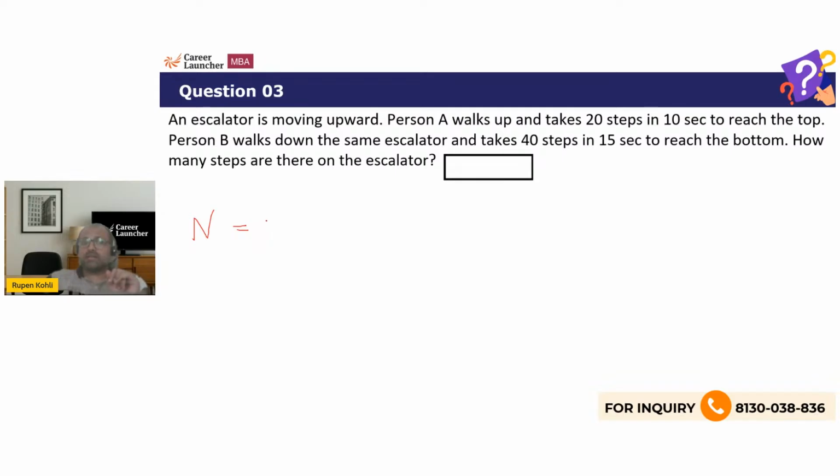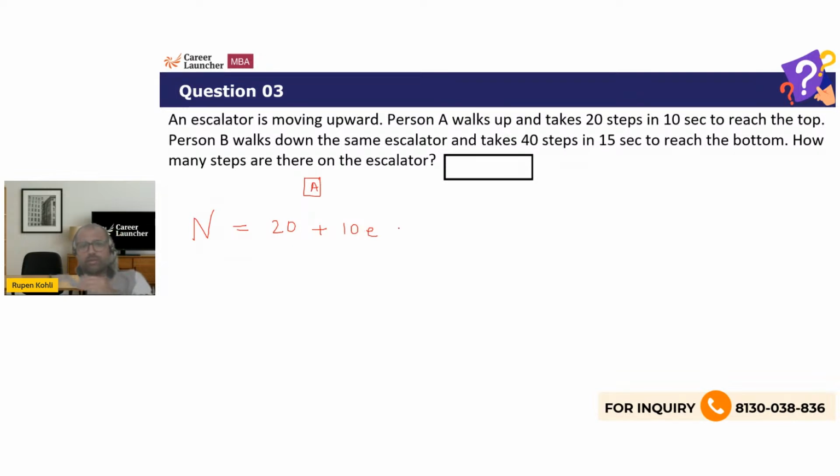For person A, he has taken 20 steps plus some steps that the escalator will push him forward. Since he has a journey of 10 seconds, let's say E is the speed of the escalator in terms of steps per second. So in 10 seconds, the escalator will push this person ahead by 10E steps, right?